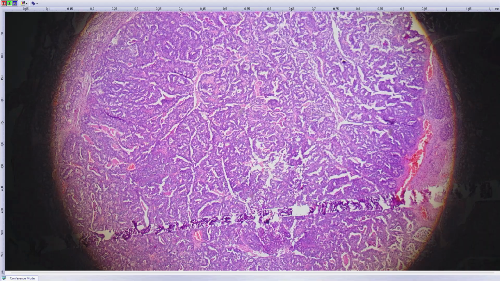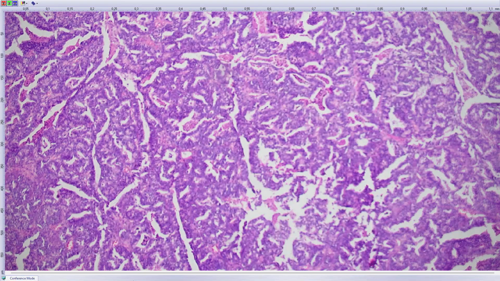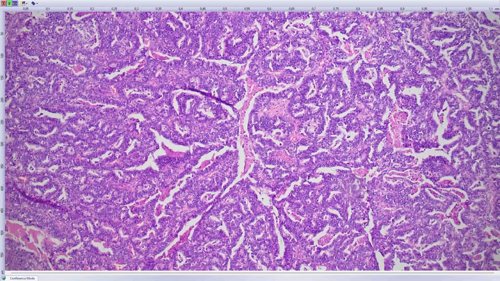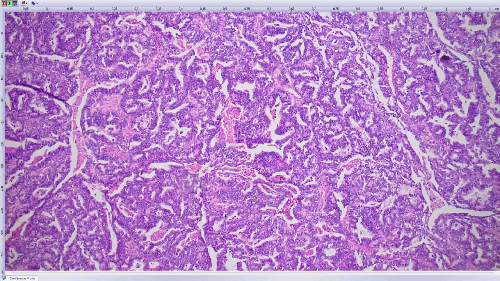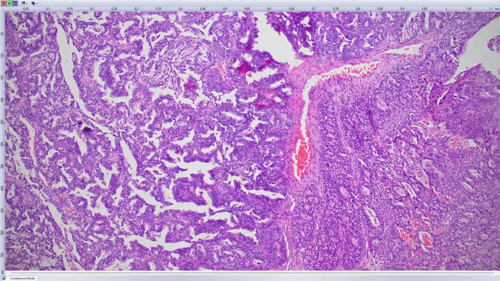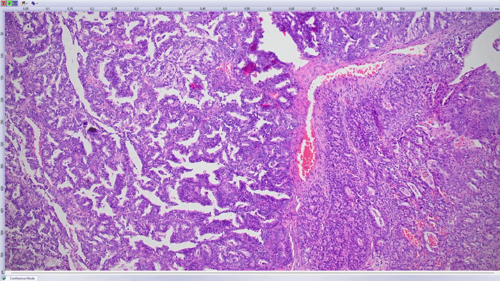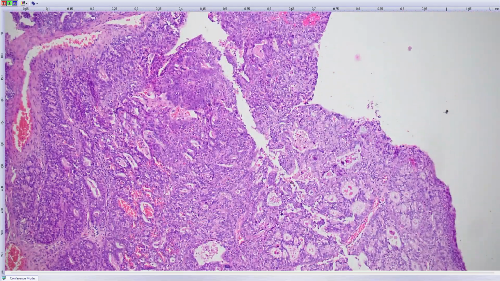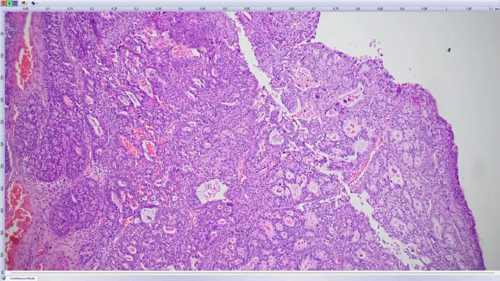In this area, it is an overtly malignant tumor. In this area, it has morphology of endometrioid tumor, endometrioid carcinoma. But there were other areas with more solid morphology.